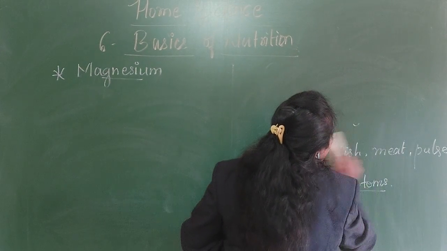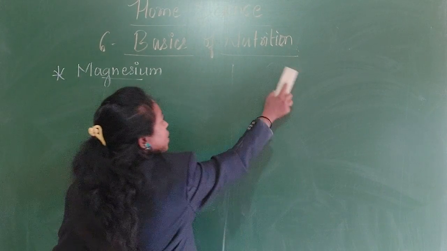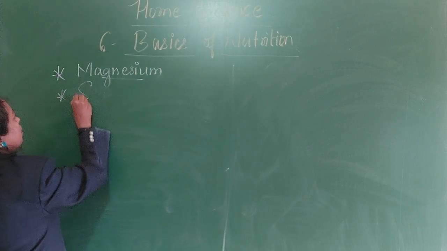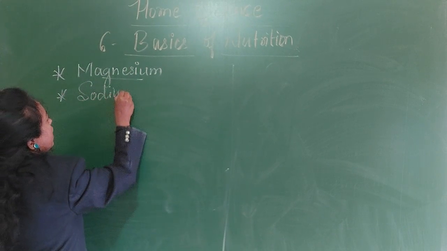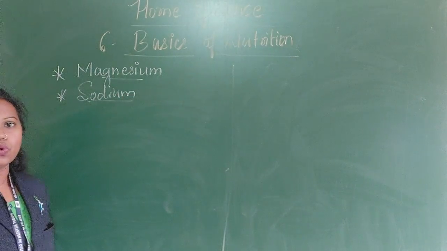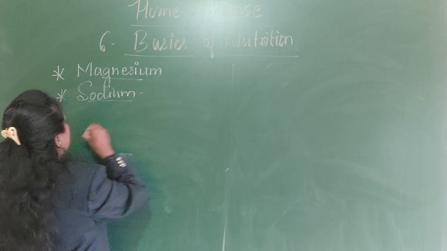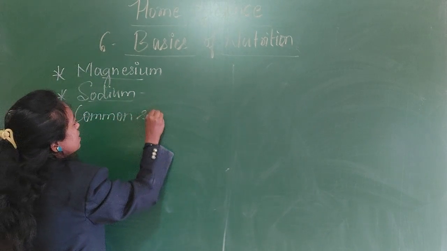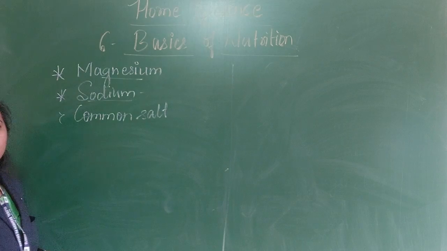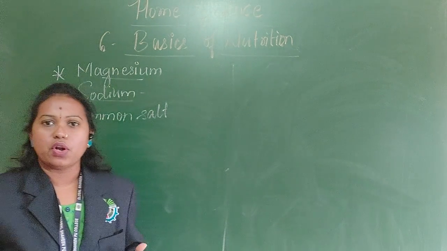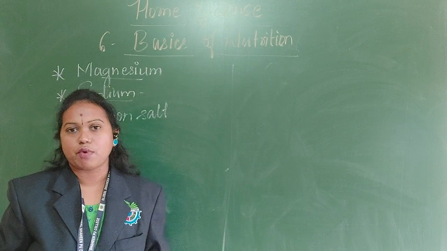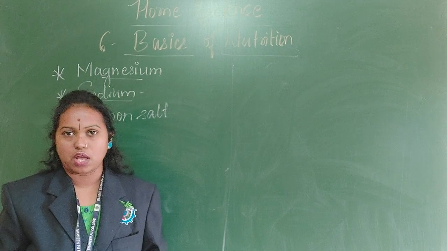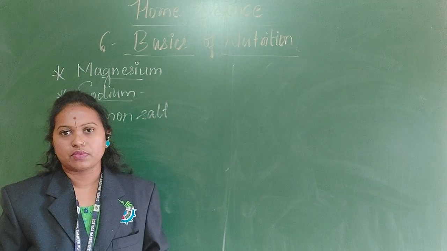The next important mineral is sodium. Sodium is also known as common salt. An adult body contains 100 grams of sodium, most of which is present in the extracellular fluid of the body.